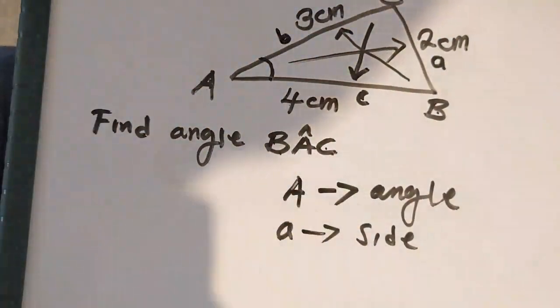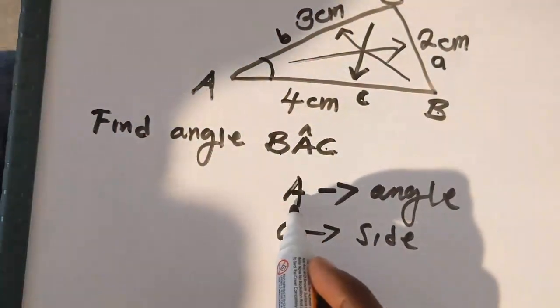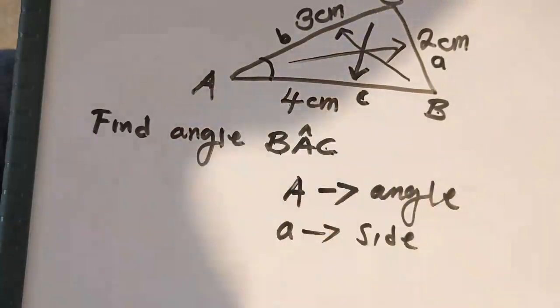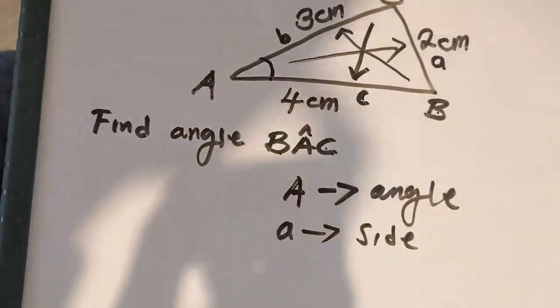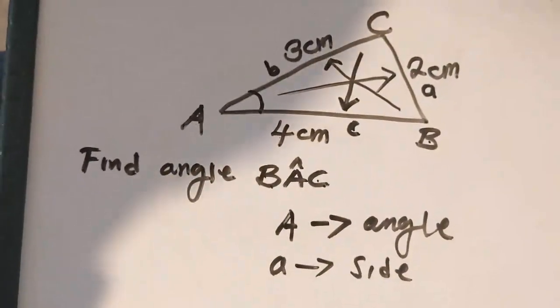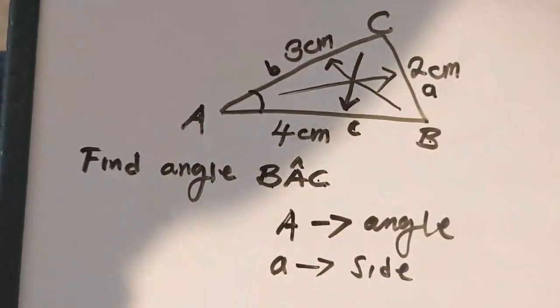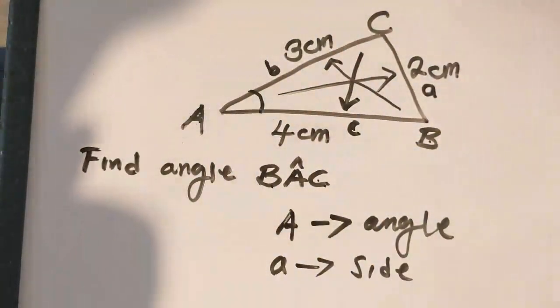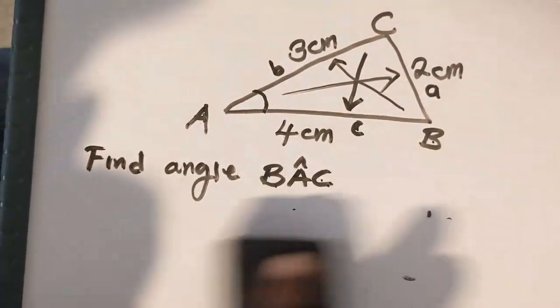So a capital letter represents an angle, a small letter represents a side. You need to know how to identify an angle and how to identify a side. I'm sure you've gotten the point.